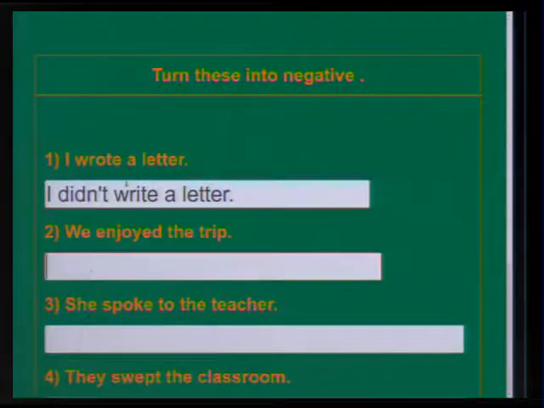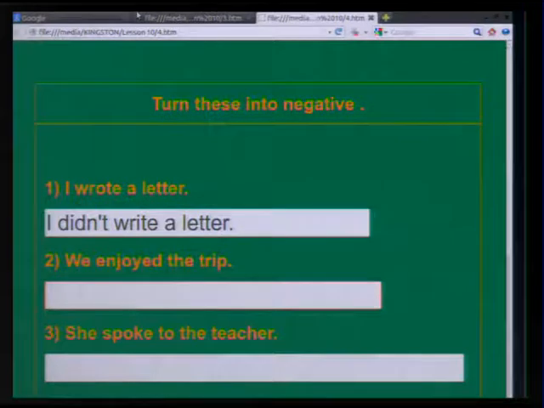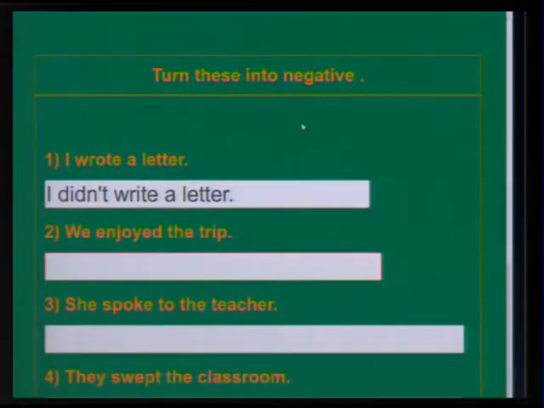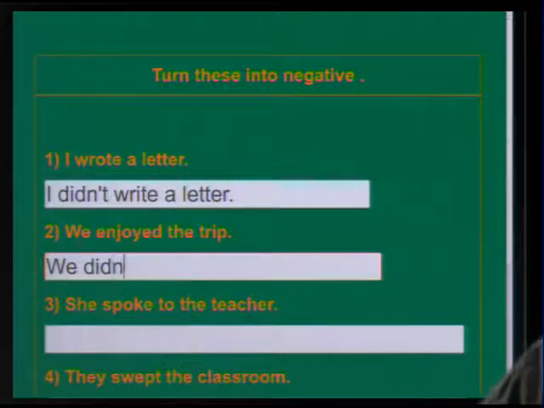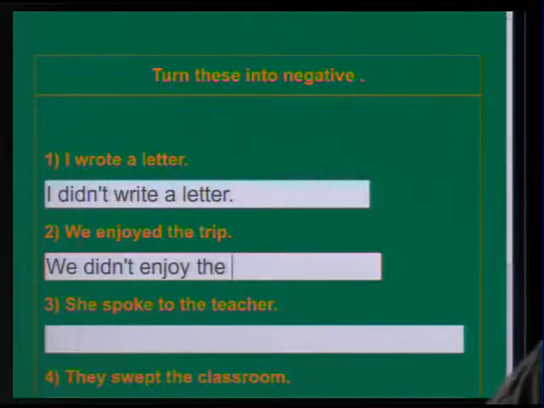I didn't write a letter. Correct? We enjoyed the trip. How can you say it in negative form? We didn't enjoy the trip.